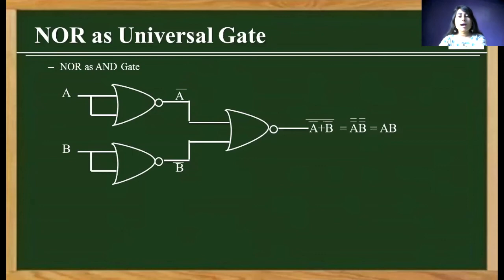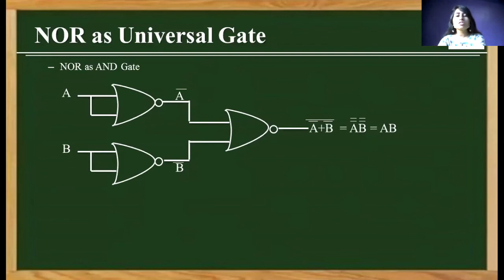So here we have the output (A dash plus B dash) whole dash. And now using De Morgan's law, we have (A dash dot B dash) whole dash.